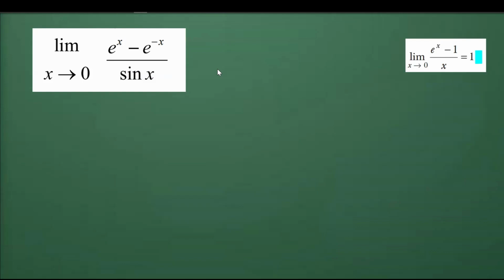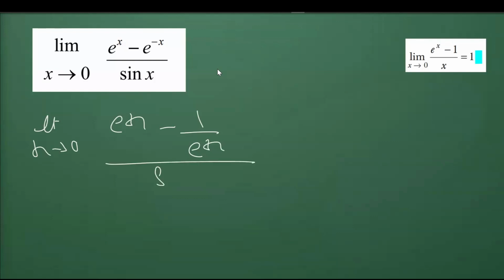First, I'll be writing this as limit x tends to 0. What I can write e raised to the power minus x as 1 over e raised to the power x, that divided by sine x. Later I can multiply these two by taking LCM. If I take LCM, that's going to be what?